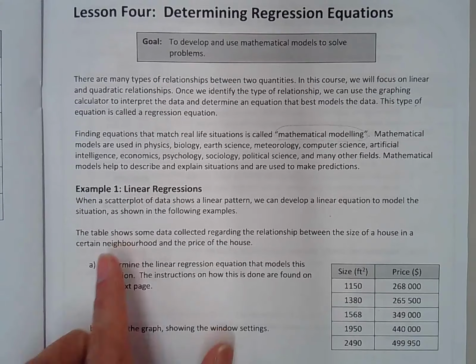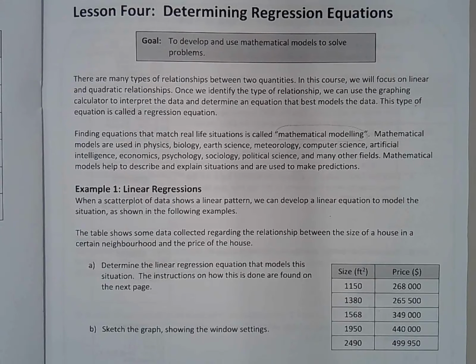This is where we model the data that we collected and create a function that goes with it. And honestly, all of you are going to grade 12 next semester. You're going to revisit the quadratic, the linear, exponential. That will be discussed.